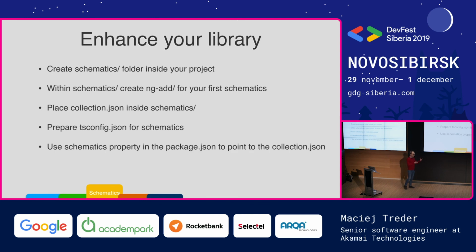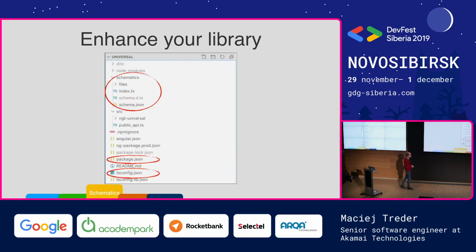Another thing is to add the schematics information, pointing to the collection.json, inside the package.json, which is going to be published on NPM, and finally compile all of that together and publish it together to the Node Package Manager repository.